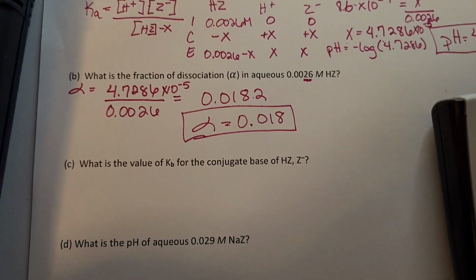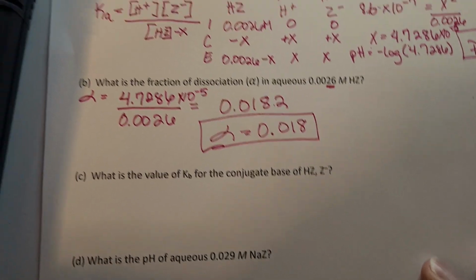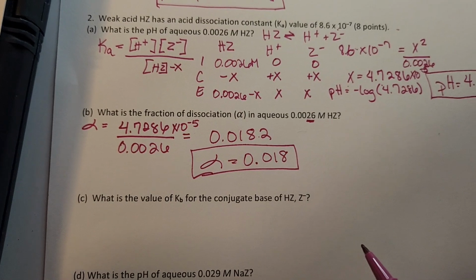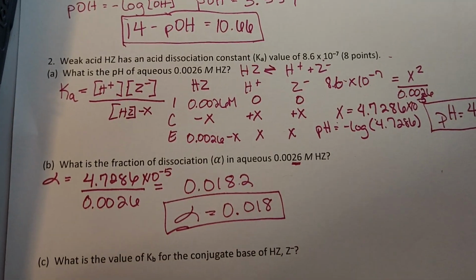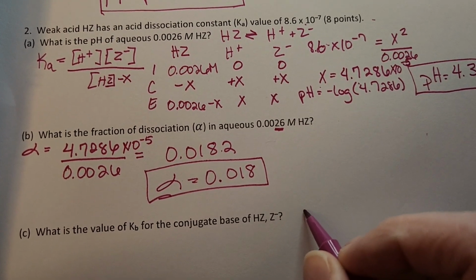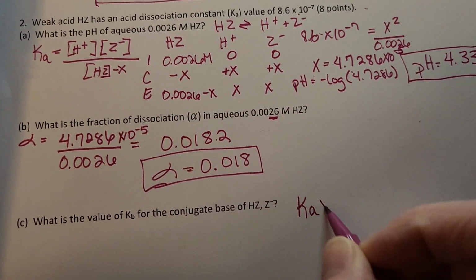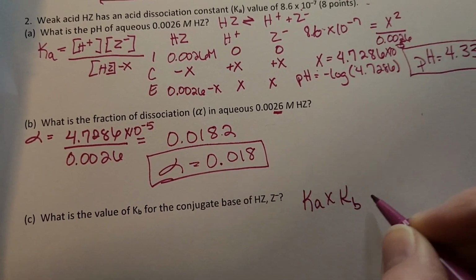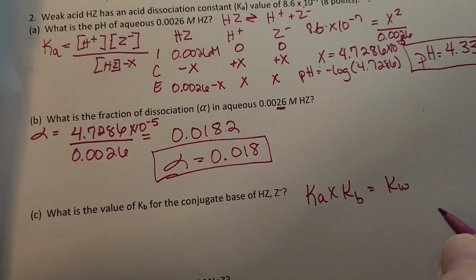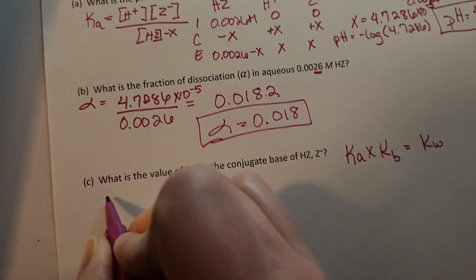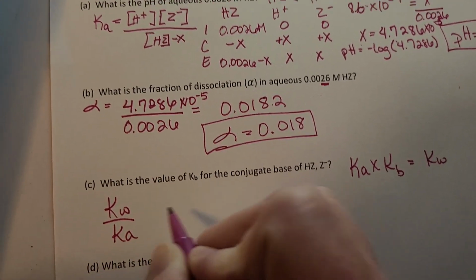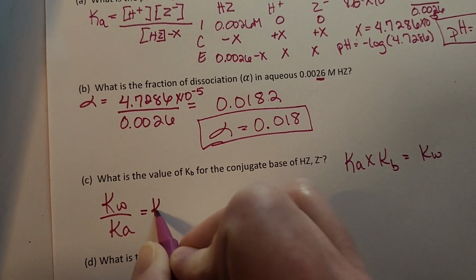And now we're going to look at our value for KB. Now we have to go all the way back up to the first part, because the easiest way to find KB is if you remember that Ka times Kb is going to equal Kw. So we're going to solve this for Kb, and we're going to see that Kw divided by Ka is what we're looking for.